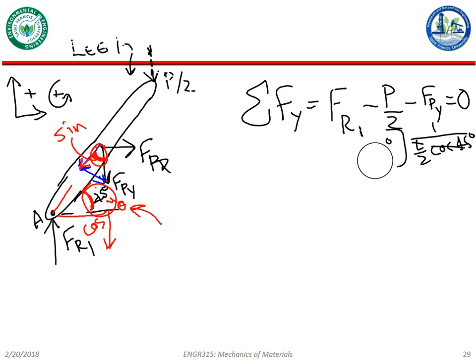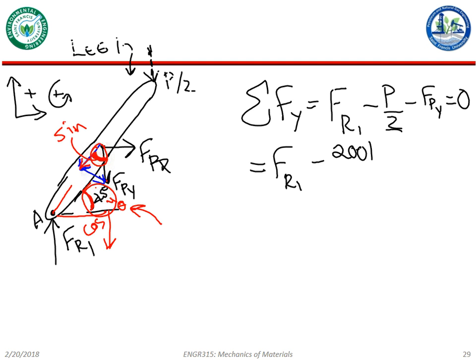So if we take that value and substitute it back up into our force balance, we get FR1 minus 200 lbs, minus negative 200 pounds force. And from there, we get what?